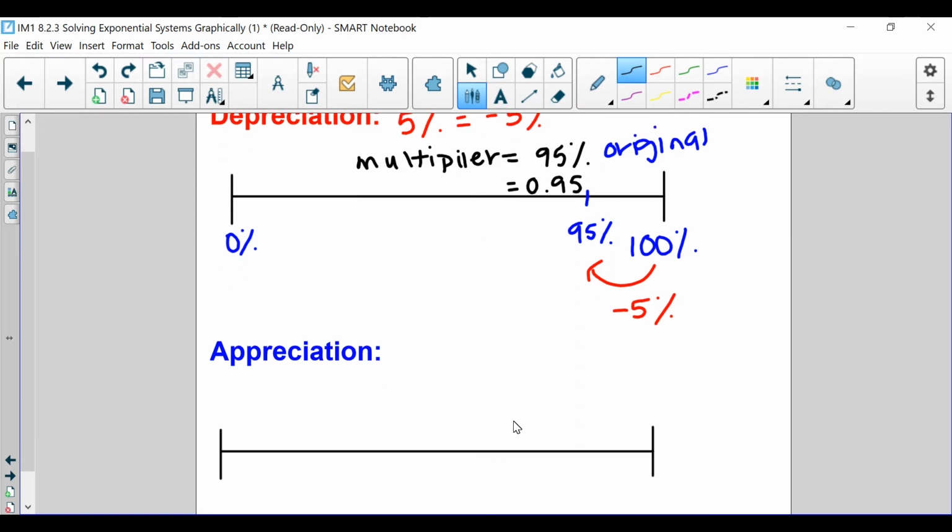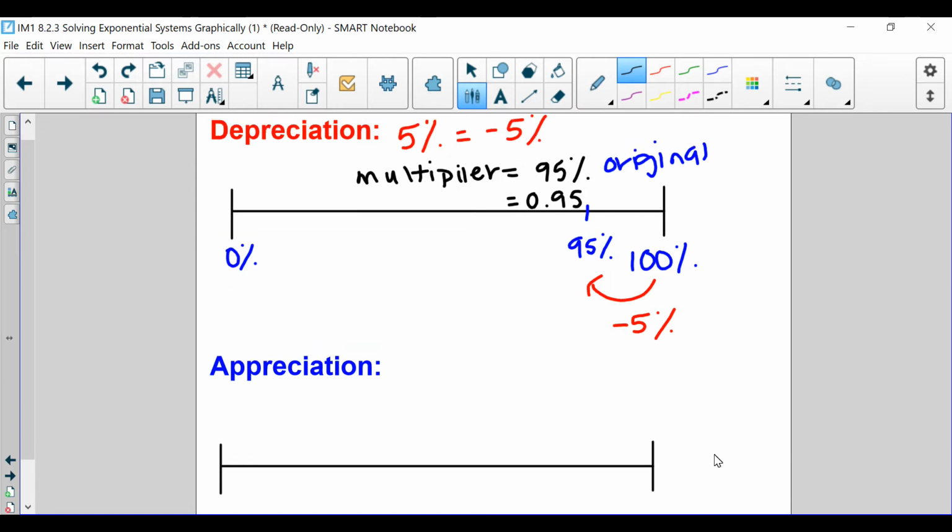So now let's look at appreciation. Appreciation is a little different. Appreciation is a good thing because the value increases by, let's say, 5%. So again, we're going to say 5% is the increase in value, which means it's adding by 5%. And I want to remind you again that it goes from 0% to 100%.